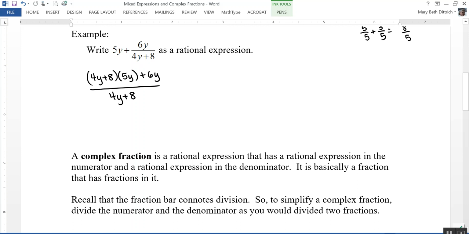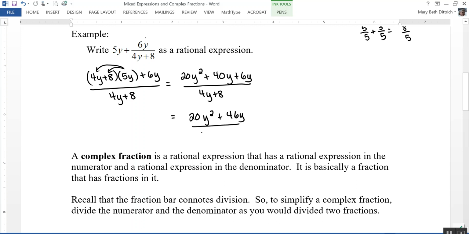The denominator times the whole number part added to the numerator over the same denominator. So this is going to give me 20y squared plus 40y plus 6y over 4y plus 8, or 20y squared plus 46y over 4y plus 8.